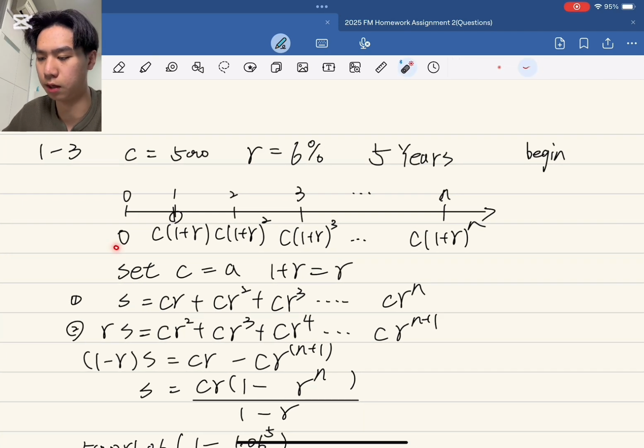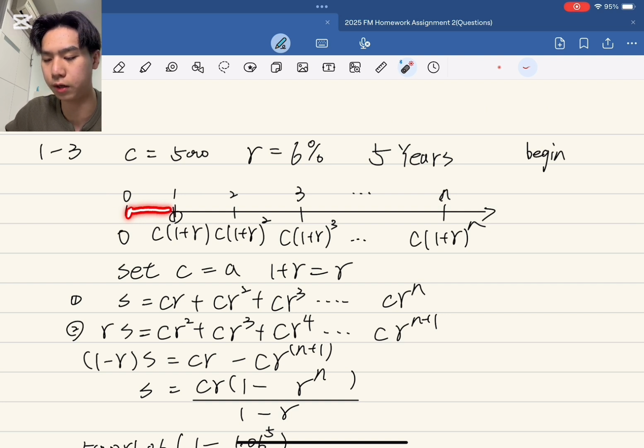We can see this number line. In the beginning, we have 0. We don't have any money, but on the first day, it's not 0. On the first day, we will receive the first cash flow. That is 5,000.